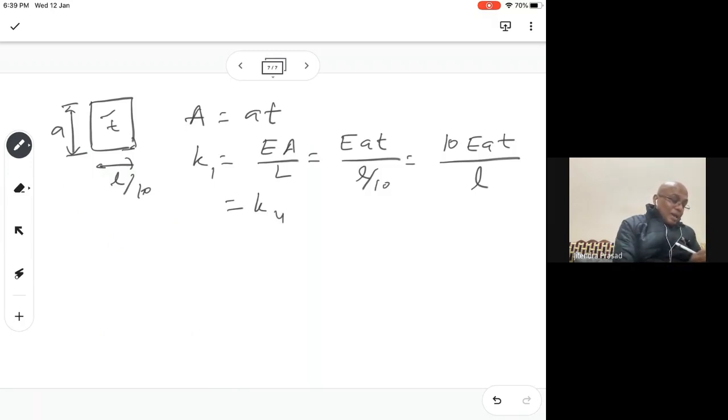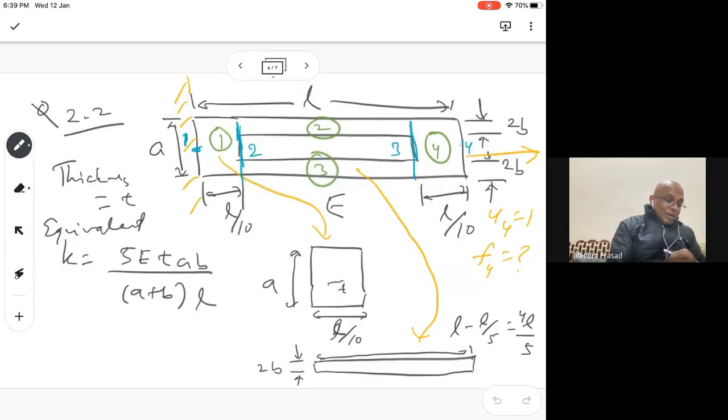Now the next element, we look at that. We have 4L over 5 as the length, and the thickness is 2B.